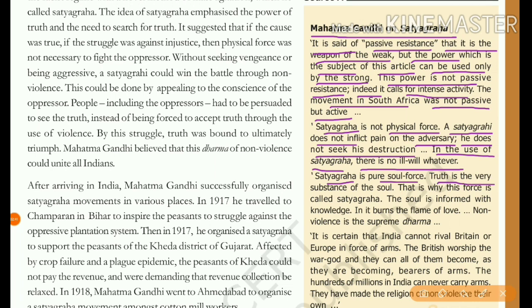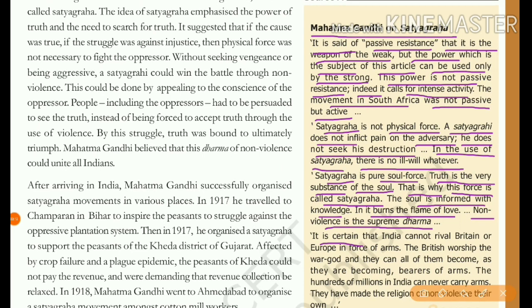Truth is the very substance of the soul. So truth is the main important material of the soul. That is why this force is called satyagraha. So purely it is regarding that soul force. The soul is informed with knowledge. In it burns the flame of love. Non-violence is the supreme dharma.